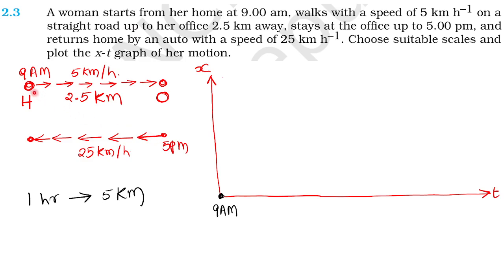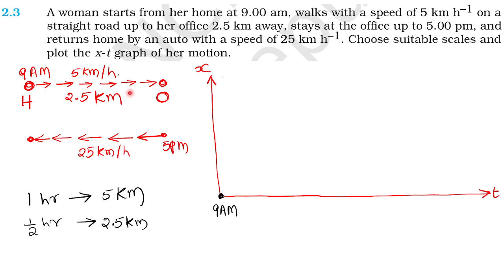But she has to travel only 2.5 kilometers. For 5 kilometers, she has to spend 1 hour, but she needs to travel only 2.5 kilometers. So for 2.5 kilometers, she needs to spend only half an hour.